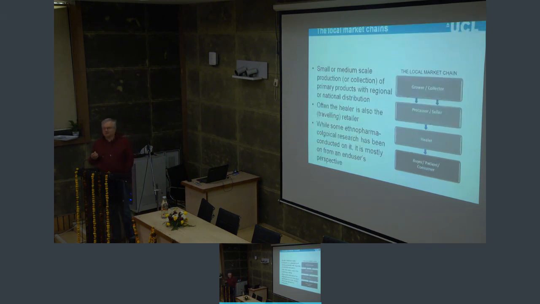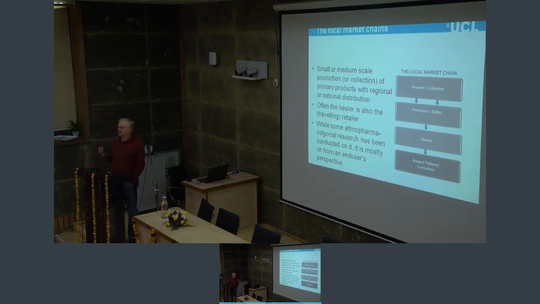If you go to other types of value chains, this is what I call the local market chain. Here we have somebody who is a local producer. He then sells it to a processor, let's say somebody outside of the city who produces something and sells it to someone here in the city. It then goes to a healer or pharmacist or whatever have you, somebody who produces a material, and then to a buyer or patient.